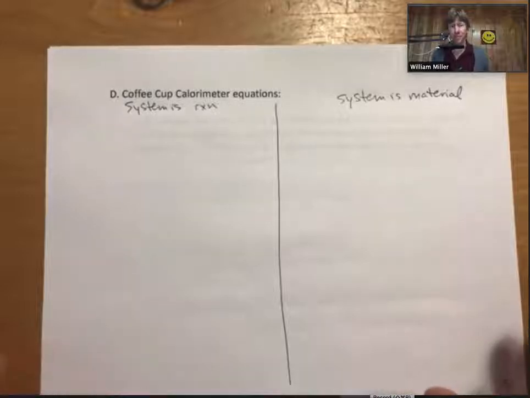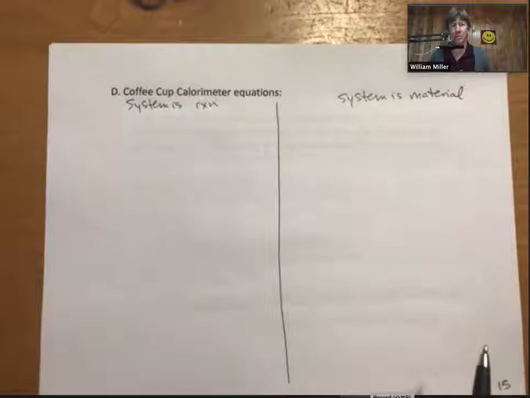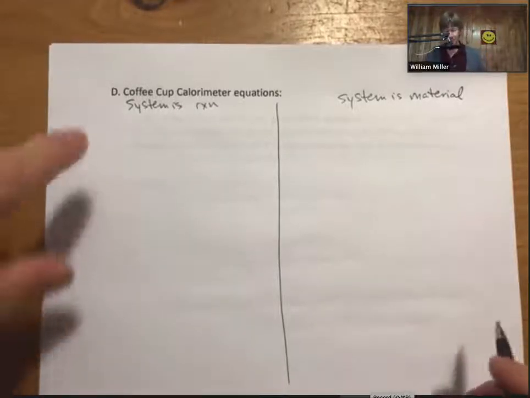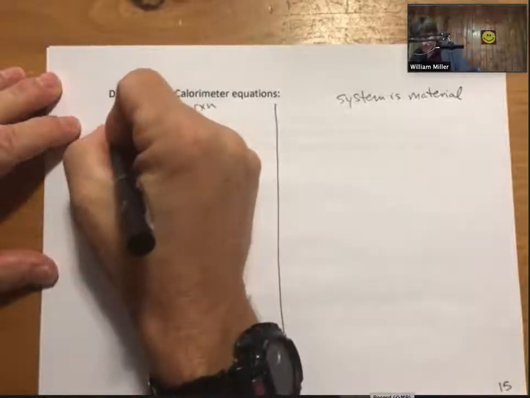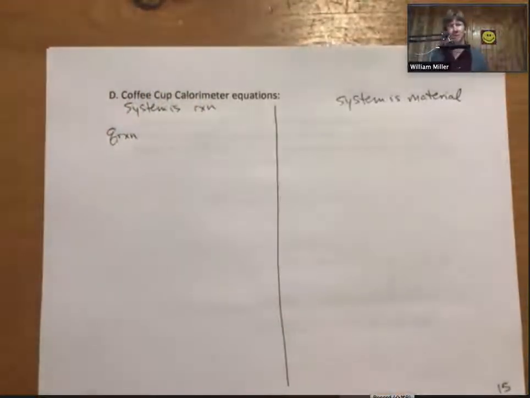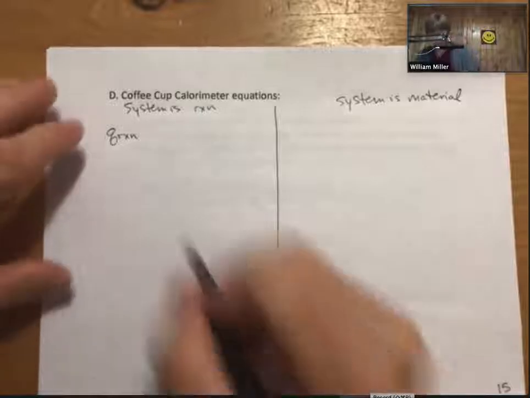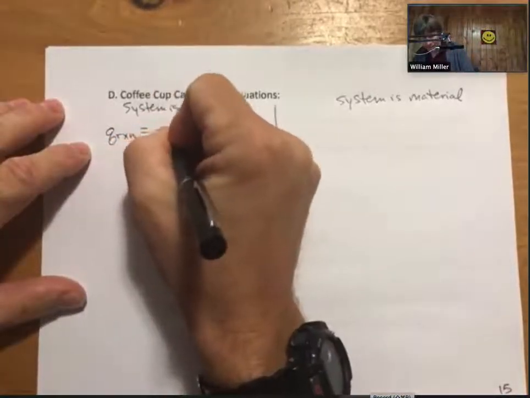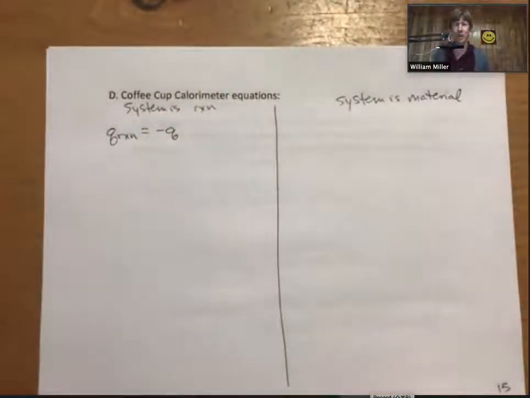So similar, though, I think it's best to keep these 2 sets of equations separate in your mind. System as a reaction, then Q system becomes Q reaction. It is equal to minus Q of the surroundings.